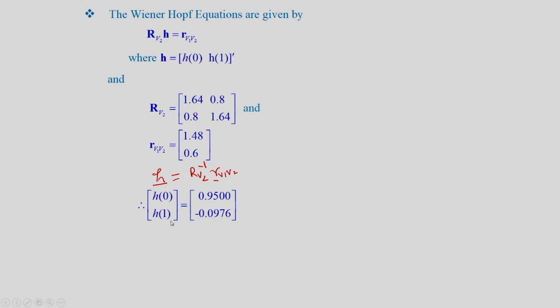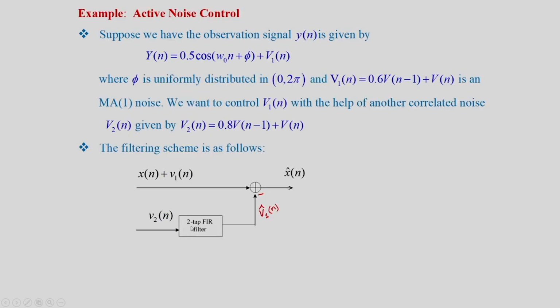These are the filter coefficients corresponding to this two-step FIR filter, and when we filter this noise sequence with this filter, we will get v1 hat n, and this will cancel out v1 n. That way we get the noise cancelled output.